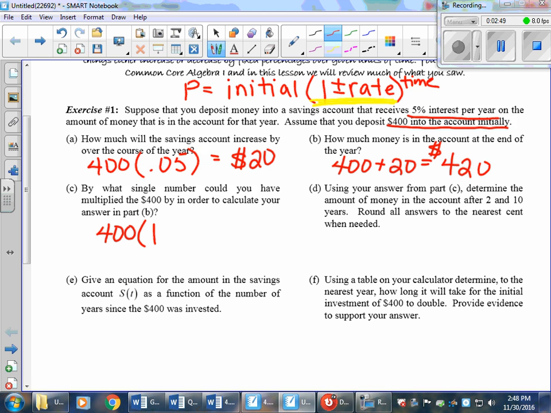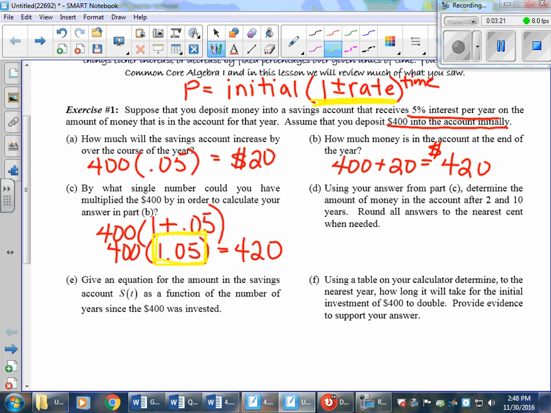So I put 1 plus the rate, 0.05, and when you multiply 400 times 1.05, that's when we get the $420 back, right? Because that 1 tells me $400 plus the additional 5% that's added on. So 1.05 is the answer to this one.